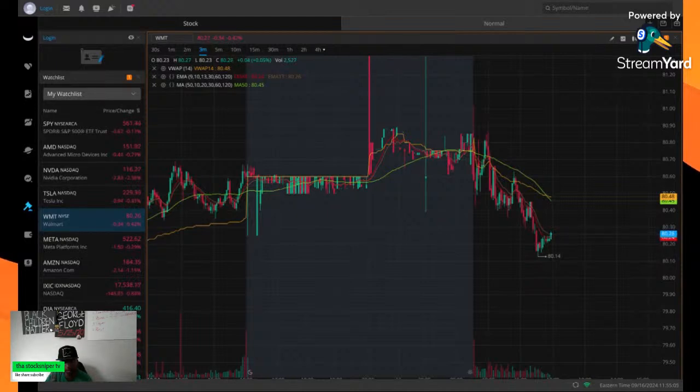StreamYard only shows me my computer screen and my chart. It doesn't show me the comments, so I had to click to another tab to view them. That's why I couldn't see it. That's my bad, but I know how to do it now.